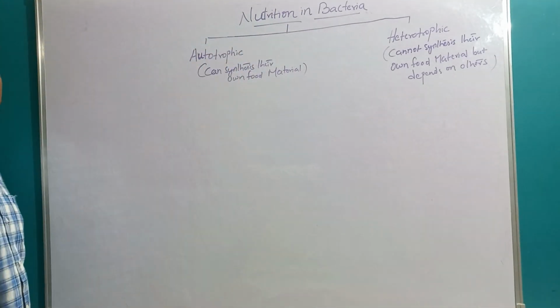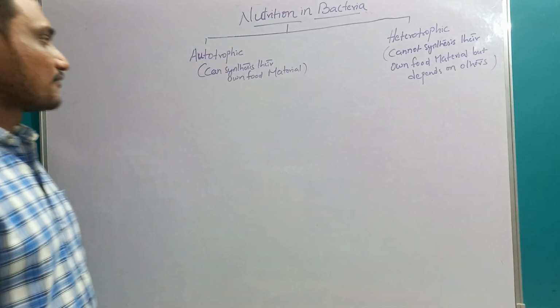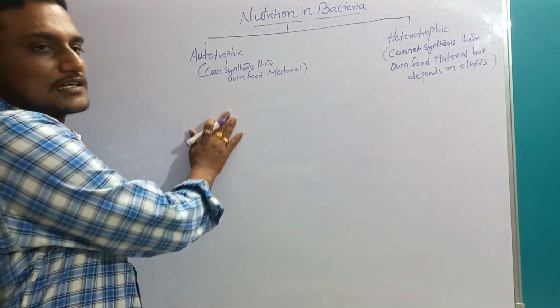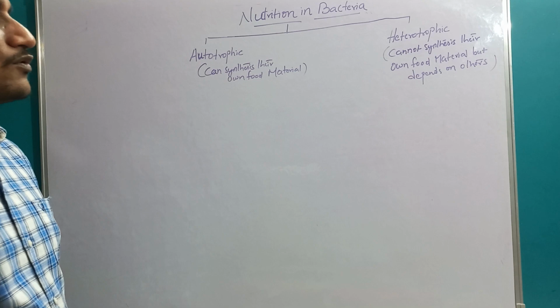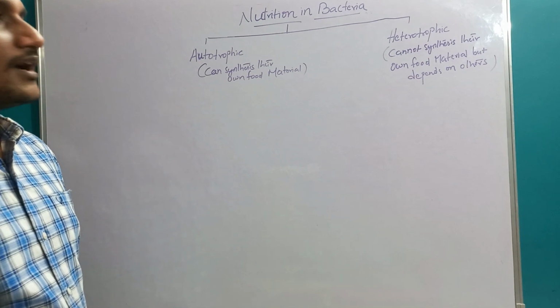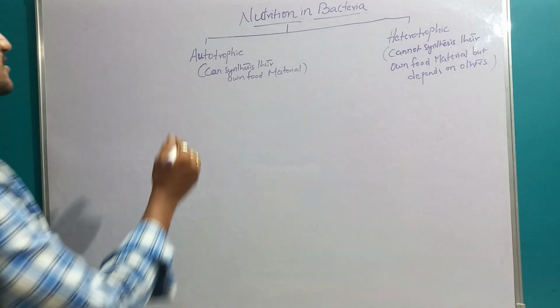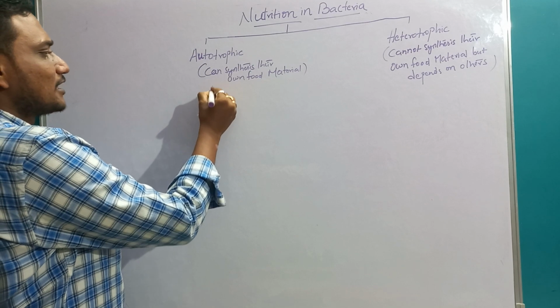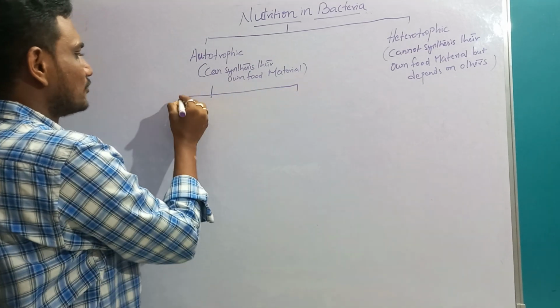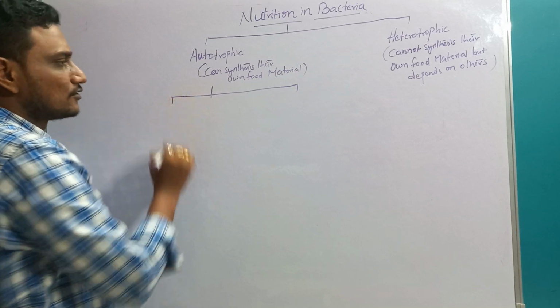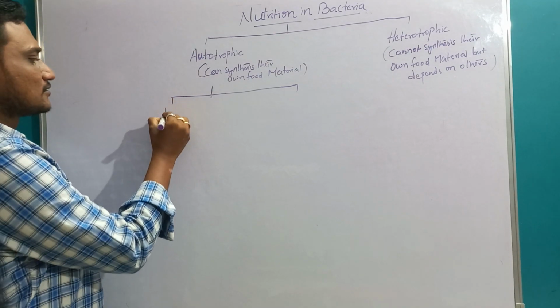Such type of nutrition is called heterotrophic. Autotrophic can synthesize their own food material; heterotrophic cannot, but depends upon others. This autotrophic nutrition in bacteria is again classified into two types.